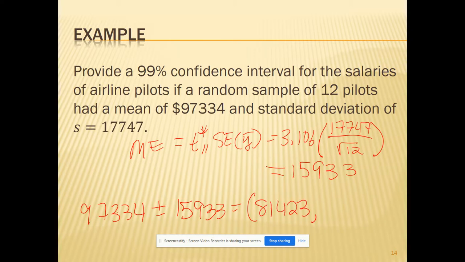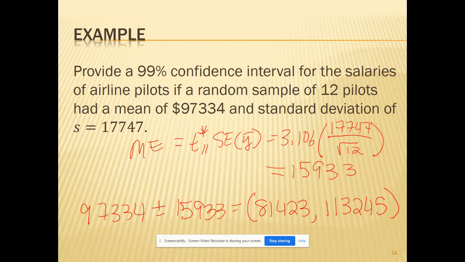And then 97 plus the 15 is going to be 113,245. All right, so we would say we are 99% confident that the mean salary for airline pilots falls between 81,423 and 113,245.